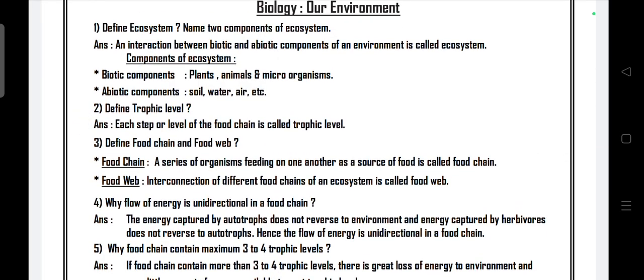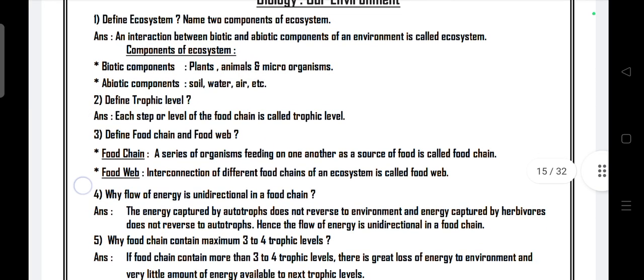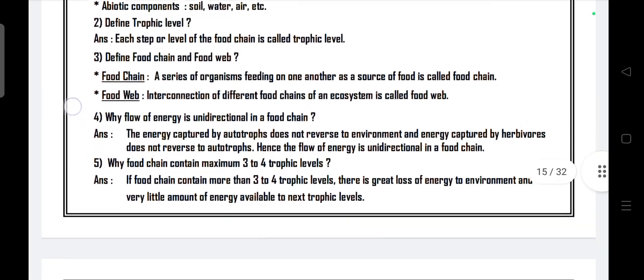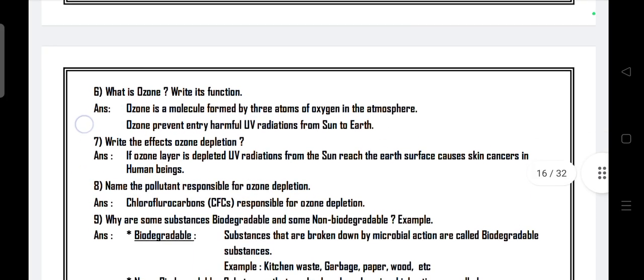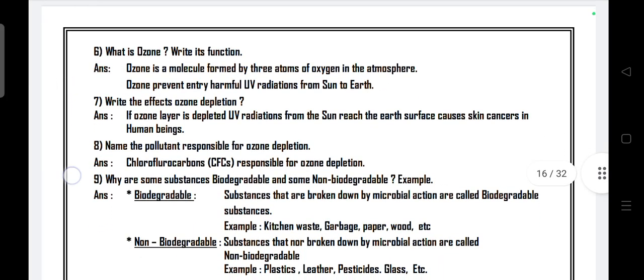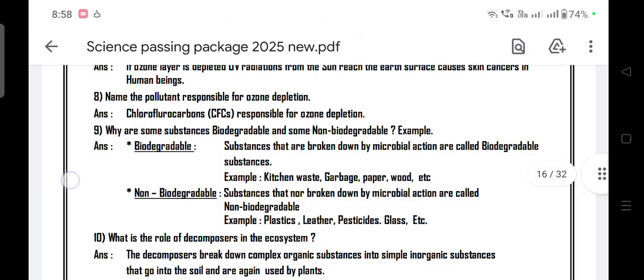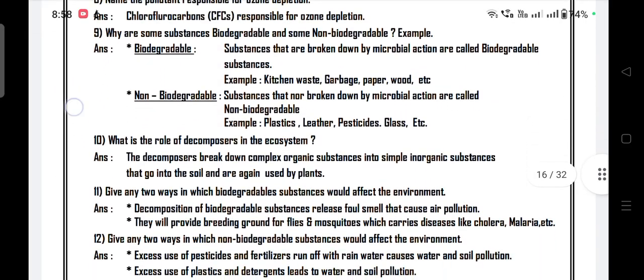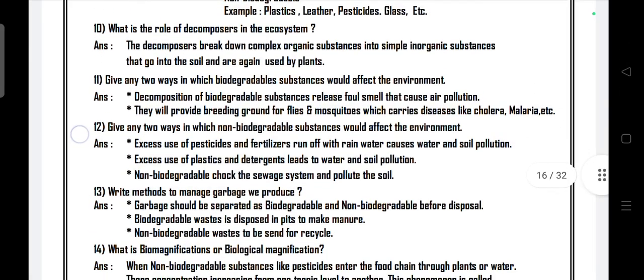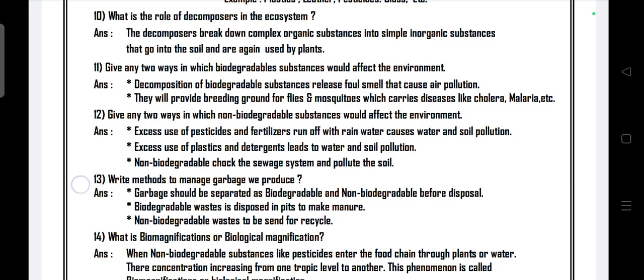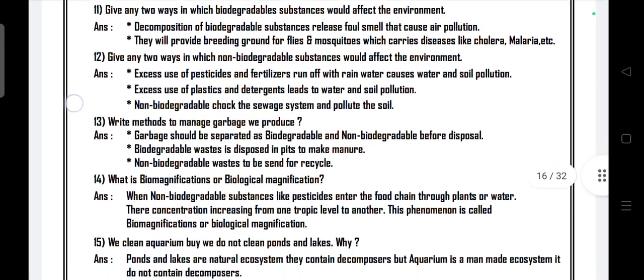Then come to the chapter our environment, important questions from the chapter our environment. Difference between biodegradable and non-biodegradable, or else they'll ask what are biodegradable and non-biodegradable compounds.